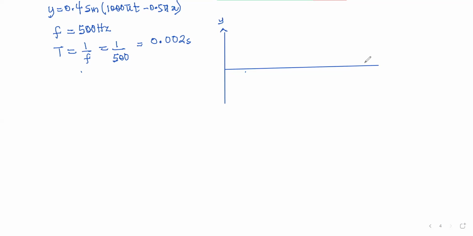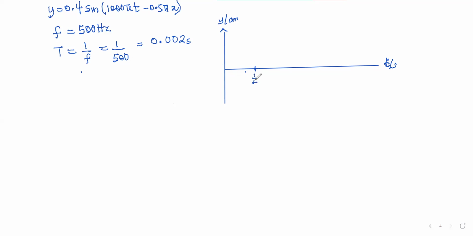This is why it's a displacement time graph, so I must label it accordingly. This is y in centimeter. Now, a complete oscillation is made up of 4 parts, so the period must be divided into 4 parts.